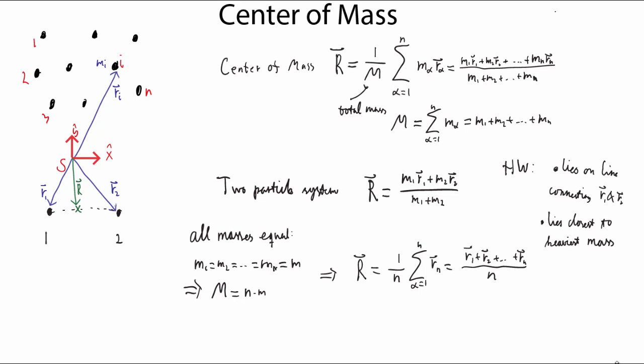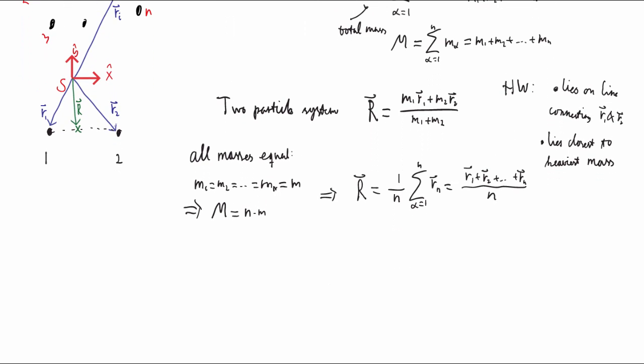Now let's go back and look at the total momentum of this system. So all these particles could in principle be moving with some velocity, and that means that each of them has some momentum. Let's look at the total momentum of the particles.